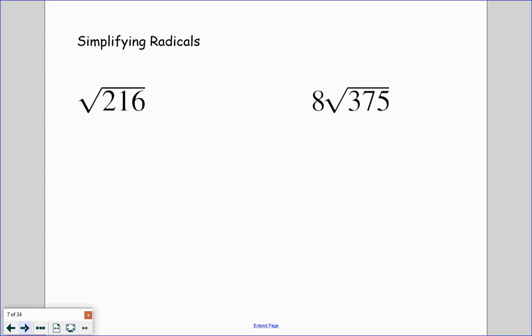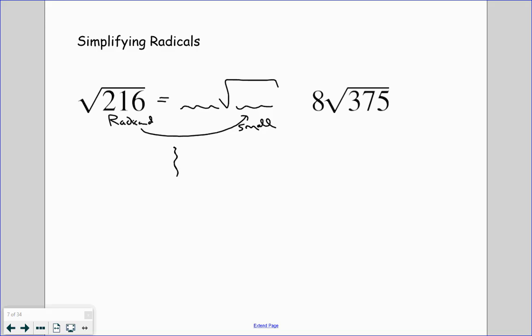Option number 1. So what you're trying to do is take this number here. This is called the radicand. And you're trying to make it small. You're trying to reduce it down in size. So method number 1 was stacking. So you take the 216.